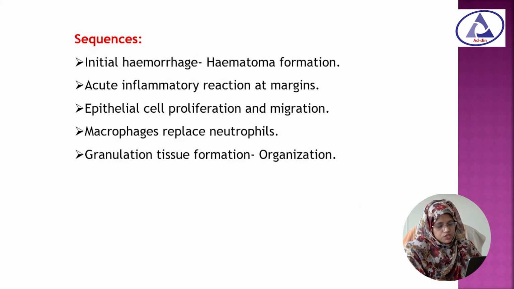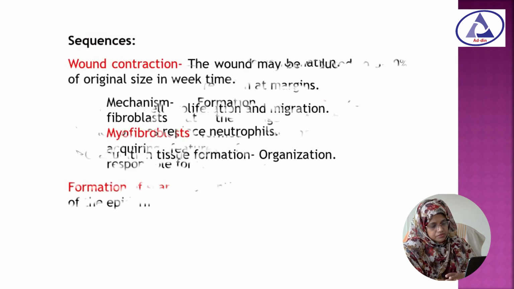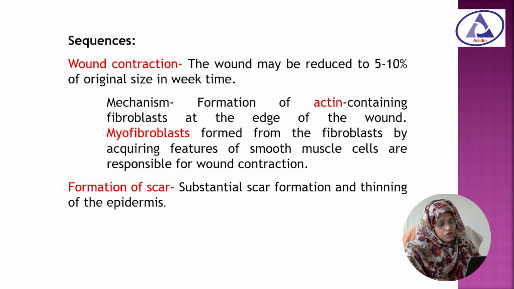Now, what about the sequence of secondary intention? At first, initial hemorrhage and hematoma formation, and then the acute inflammatory reaction at the margin of the wound, and epithelial cell proliferation and migration. After that, macrophages replace the neutrophils, and lastly there is granulation tissue formation and organization. After the granulation tissue formation, there is wound contraction.